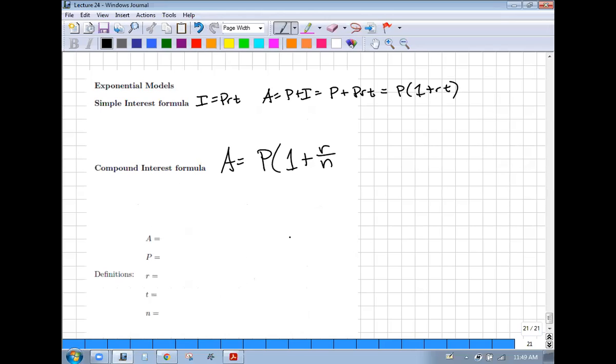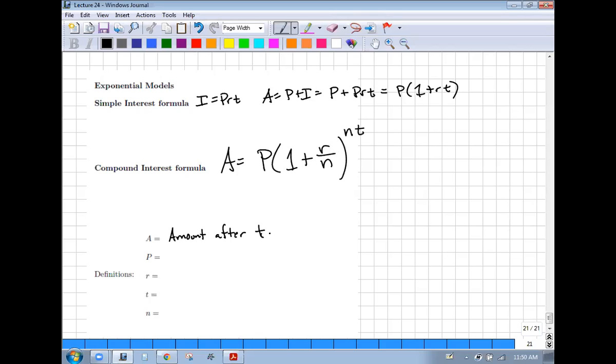Again, think about 12% interest monthly. Well, every month you'd only do 1%, right? That's why you take your rate and divide it by n. And then how many times are you compounding the interest? Well, if you're doing it n times a year, times t years, this is how many times you're going to compound.